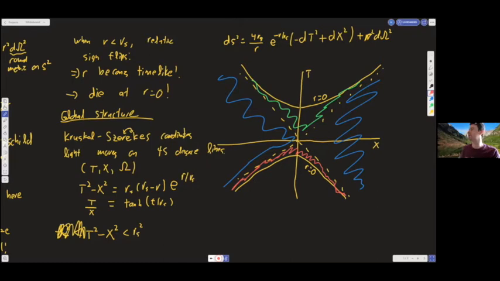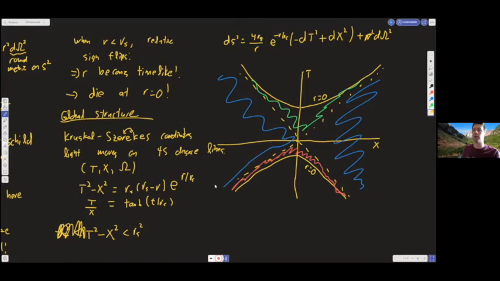In this geometry, there is a singularity both down here in the past and up here in the future. Remember, t is like time going up; t always has the minus sign here. x is like space going left and right. This yellow line here is a future singularity. It's the place where if you go there, you die. This yellow line down here is a past singularity. It's also a place where if you go, you die.